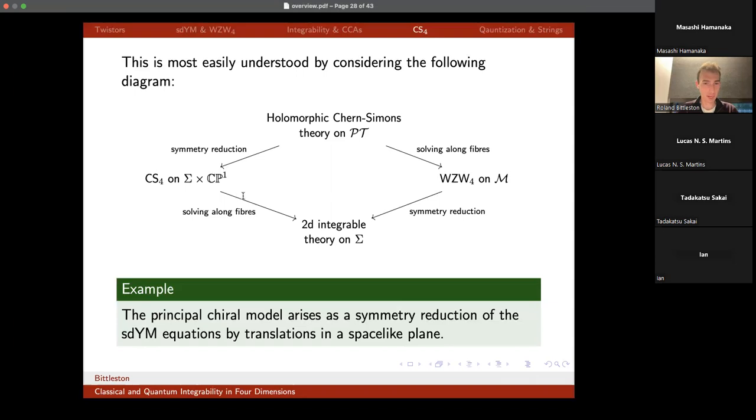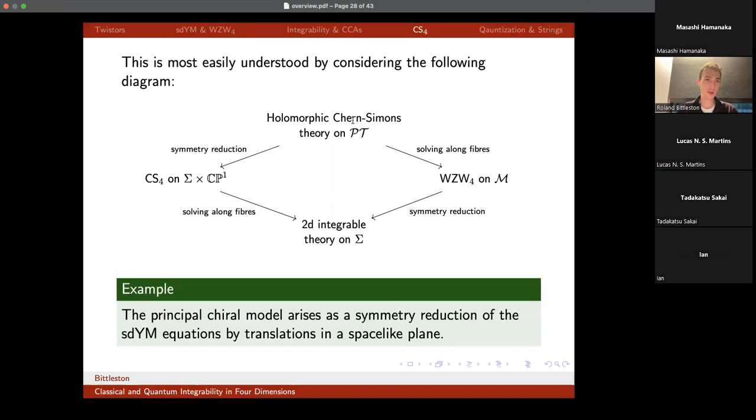This is actually a fairly exotic theory. I think it's a pretty unexpected thing to write down. Unfortunately we don't have time to go into great detail about 4D Chern-Simons theory, but it's a pretty strange thing, and this explains why it's a natural thing to describe 2D integrable models. Before going to the next slide, you might ask, why don't I put holomorphic Chern-Simons theory here? Why not the self-dual Yang-Mills theory?